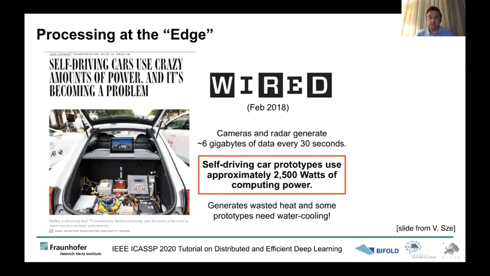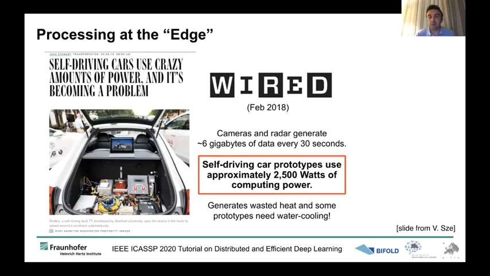Here's another example where you see a self-driving car, which is equipped with cameras and radar, and it generates around 6 gigabytes of data every 30 seconds. In order to process this data, the self-driving car prototype uses approximately 2,500 watts of computing power, which is also quite a lot.